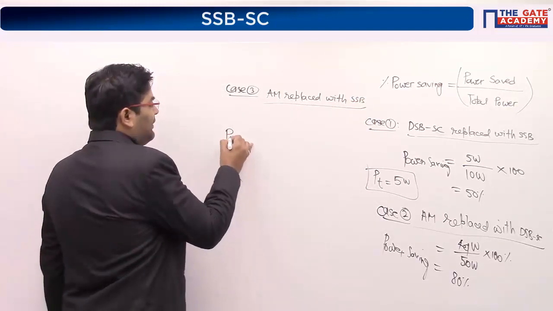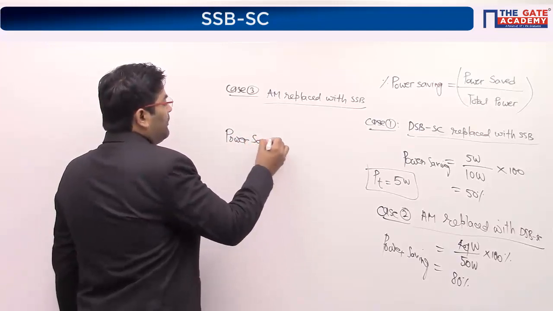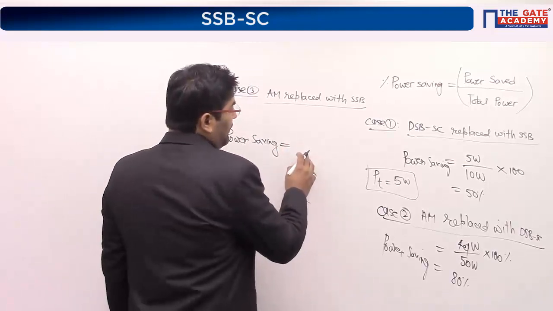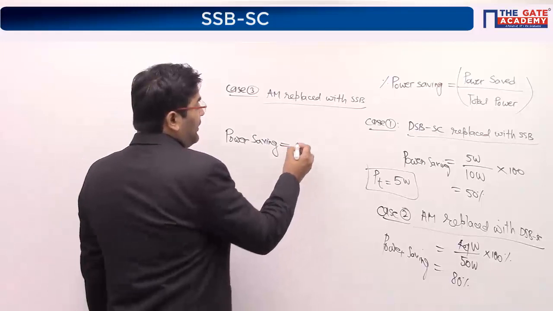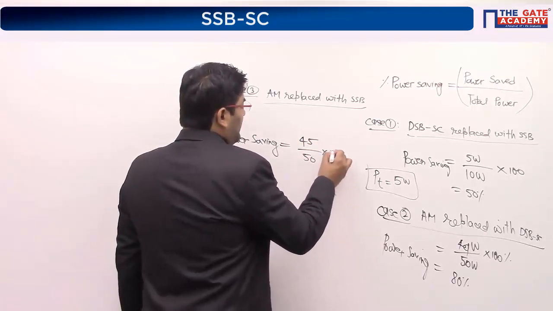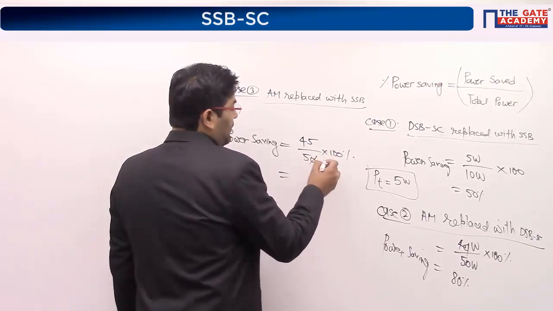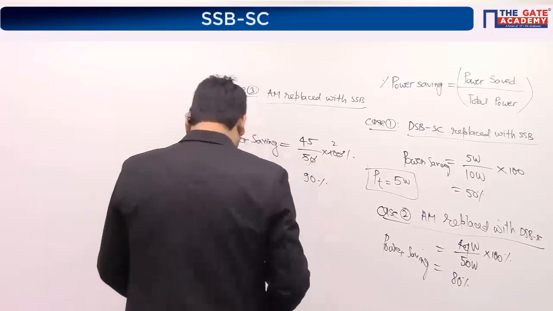So power saving percentage would be, you had 50 watts, you saved 45 watts, divided by 50 into 100%, so it is somewhere 90%. Correct?